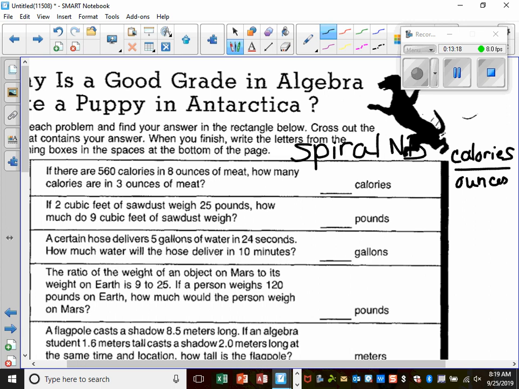So I have 560 calories to 8 ounces, so that's 560 over 8 equals, and then 3 ounces of meat. Ounces goes where? Top or bottom? Bottom. Then one space will be missing, and that's where you place the variable, cross multiply, and solve for the number of calories. That's all you're doing for all of them, so just pay attention to how you're comparing.